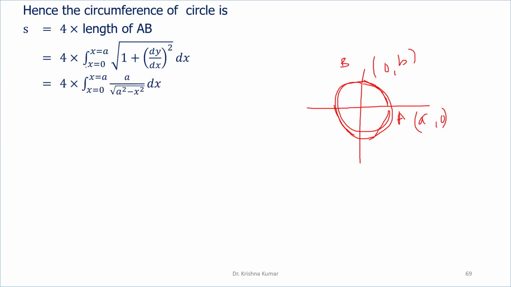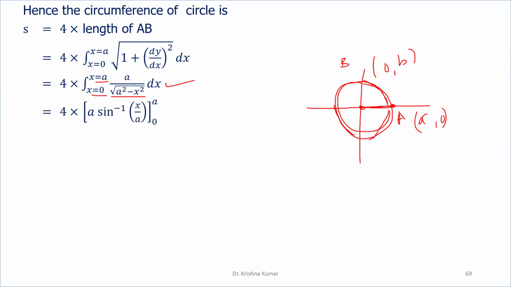So 4 times integration. What are the limits? The limit is from x equal to 0 to x equal to a, of 1 upon root over a square minus x square with respect to x.